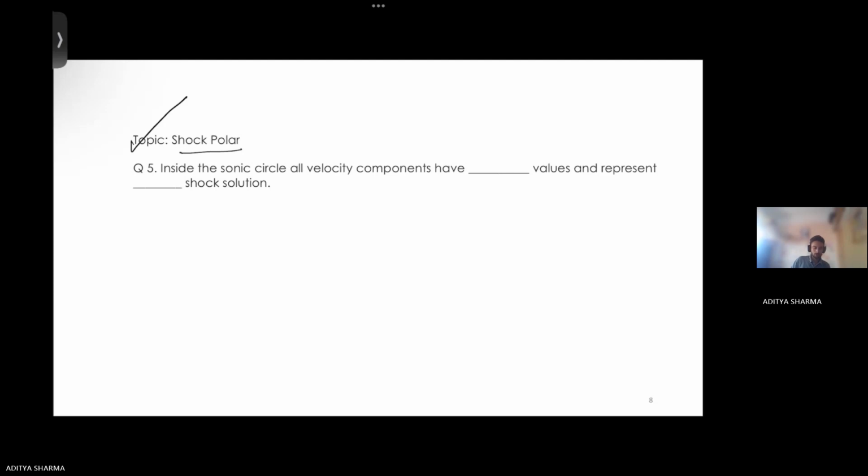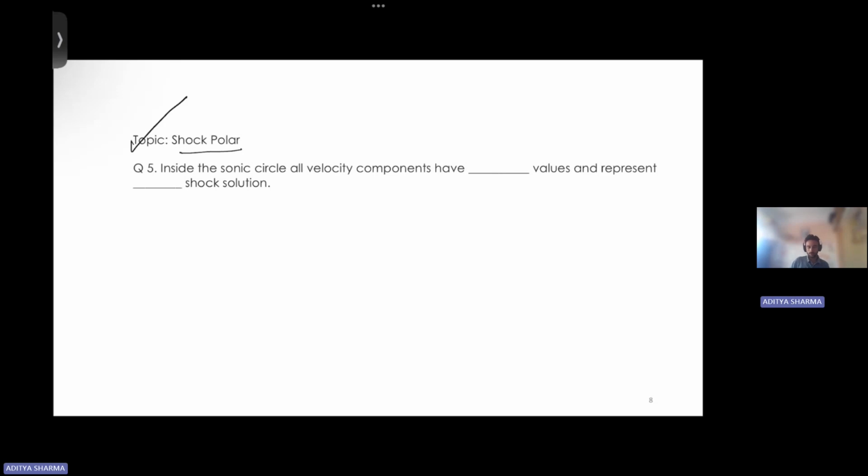That's why there are a few questions based on it, a couple of questions based on this topic.